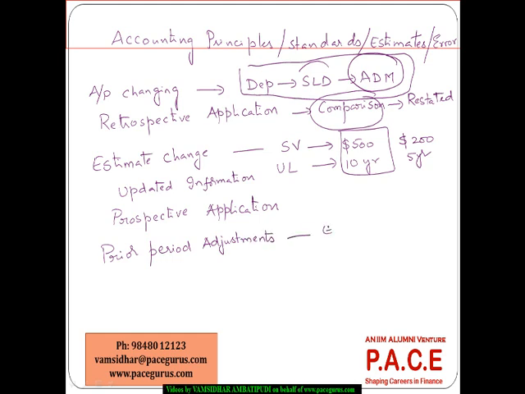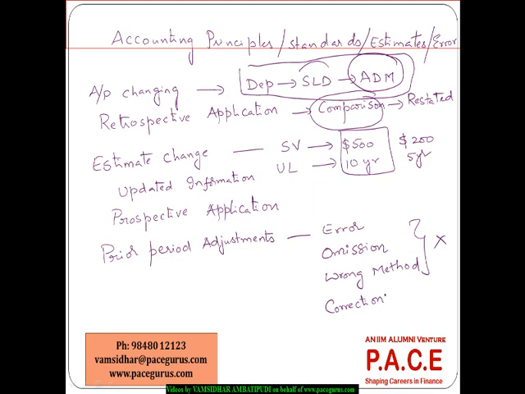If there is some kind of an error, if there is some kind of an omission in the last year's financial statement, or a wrong method being used for computation, any of these things happened in the previous financial year, I can make some kind of correction to the previous financial year and I can represent it.